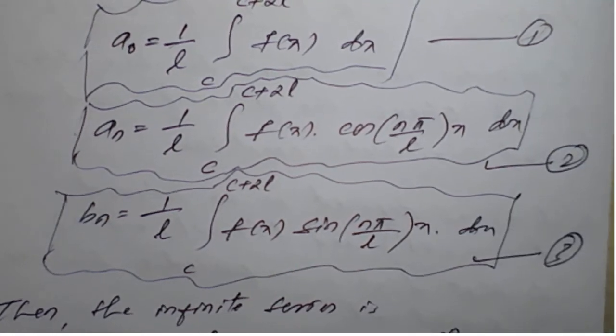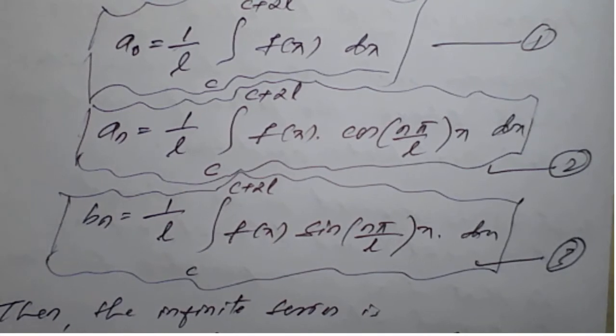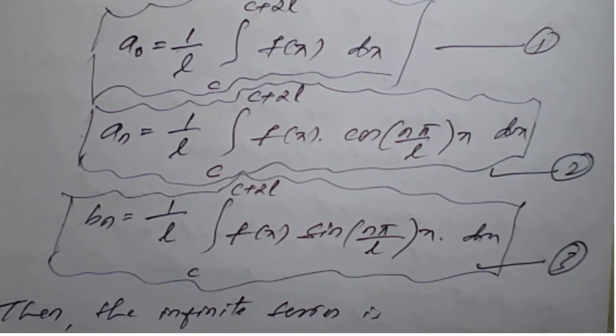These are the Fourier coefficients, also called Euler's formula.